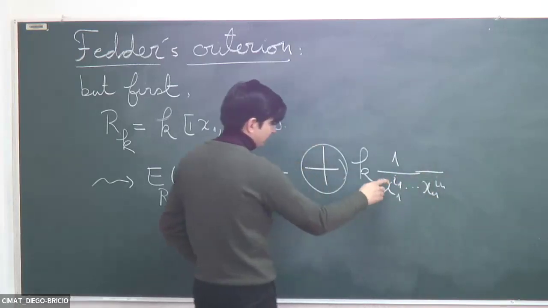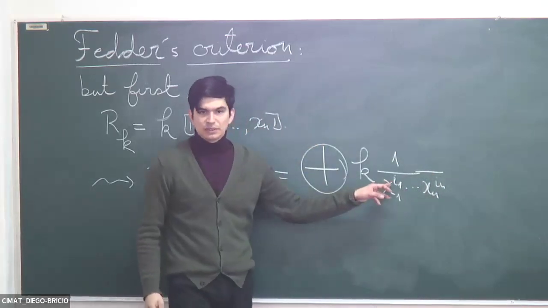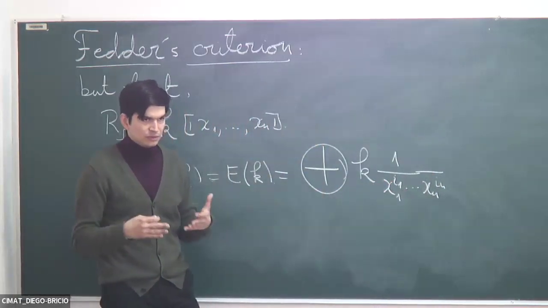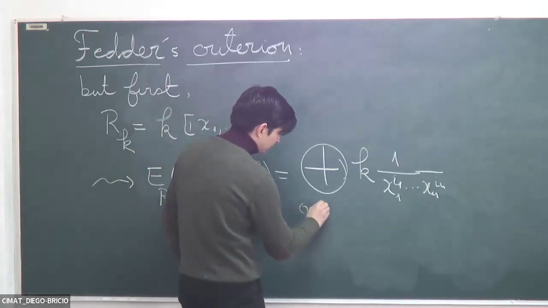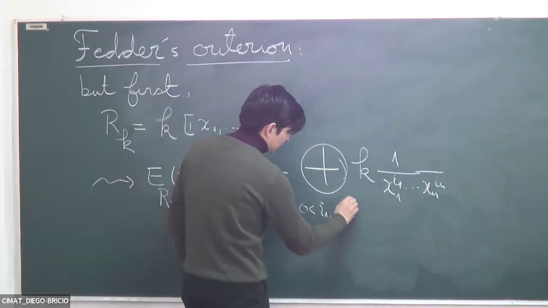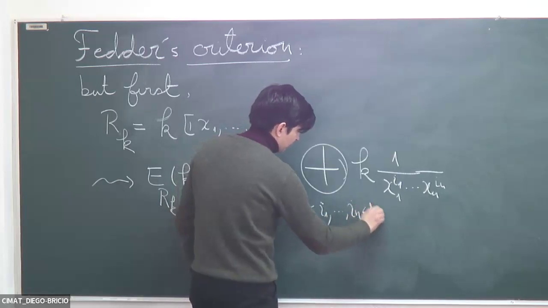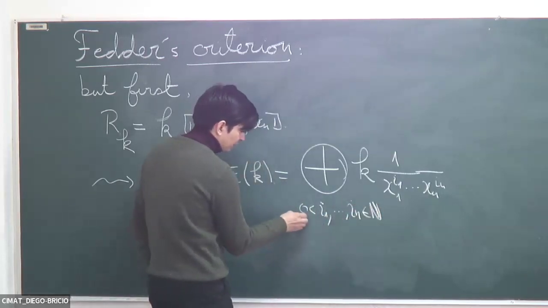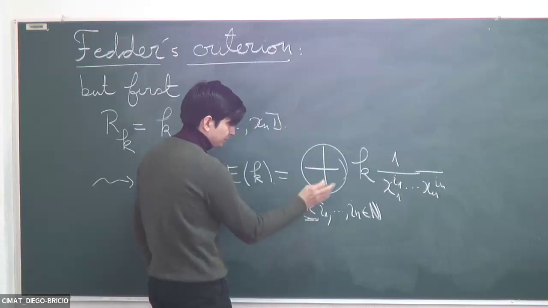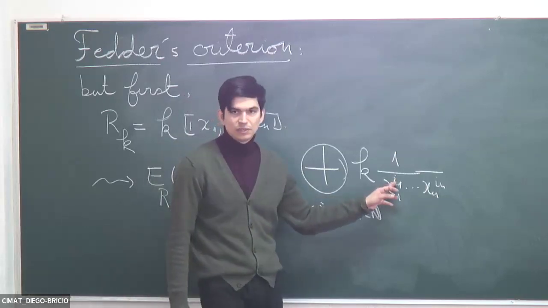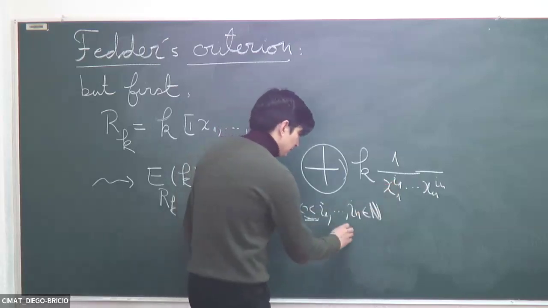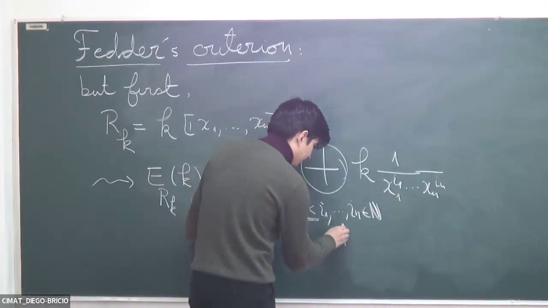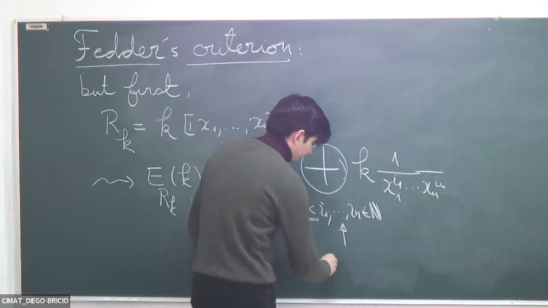And the only requirement is that all these exponents are strictly positive, all of them. All of these i's, well, they're natural numbers, but they are positive, all of them. This is the important part. And so the one of the smallest degree, namely of degree D, is the socle.